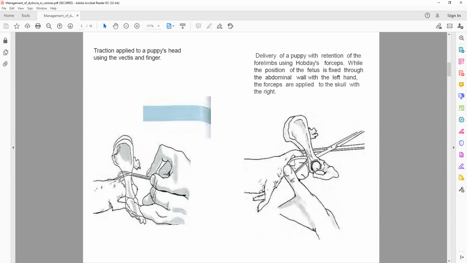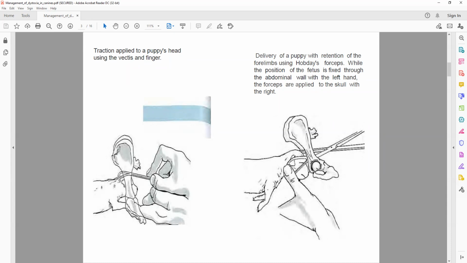Look at the second diagram. Here we see the vaginal whelping forceps, also called Hobday forceps. You are putting both the probes side to side of the head, and you put one of your fingers beneath the jaw just to fix the fetus.